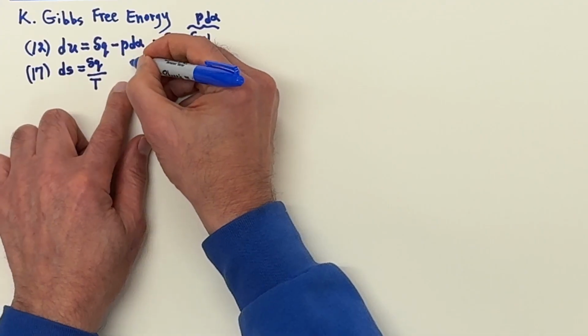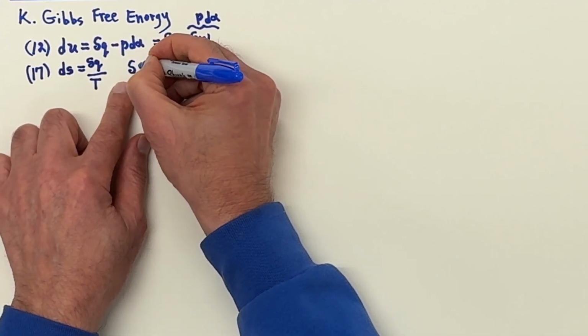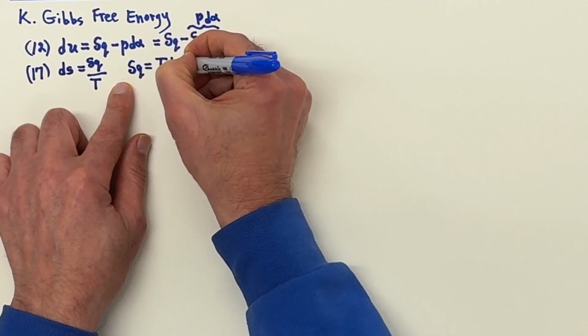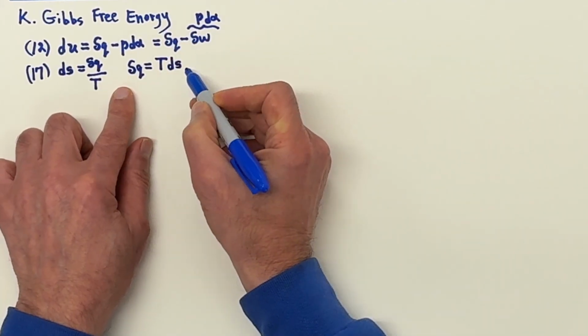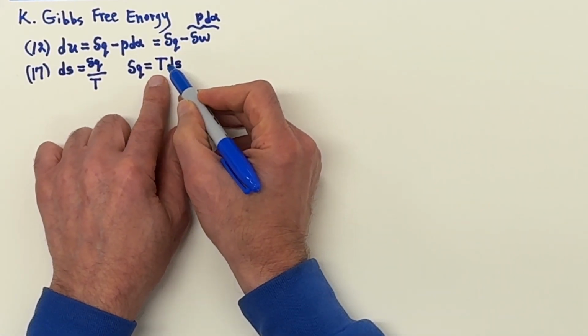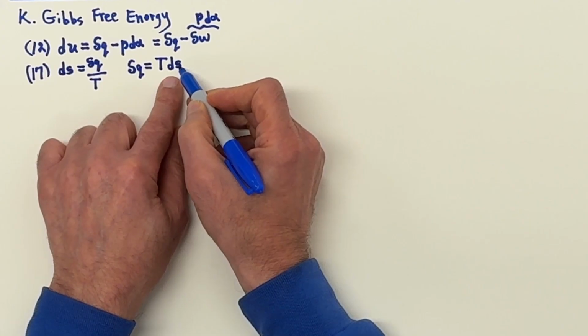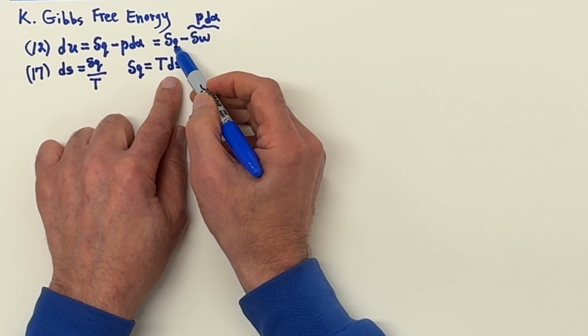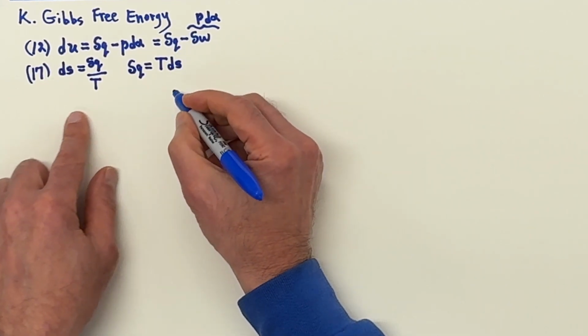So this equation can be written as the infinitesimal heat transfer is equal to T d little s. And now I have good variables here. I have temperature and I have entropy, specific entropy. So I'm going to replace this infinitesimal heat transfer with T ds.